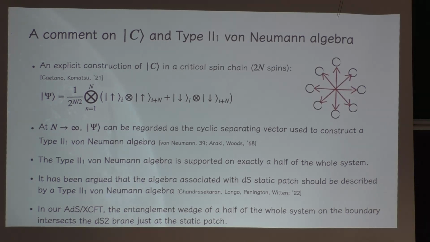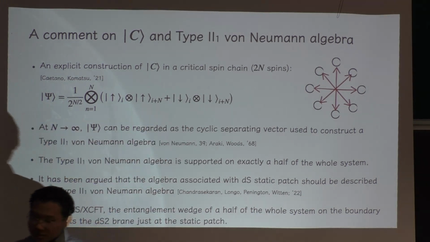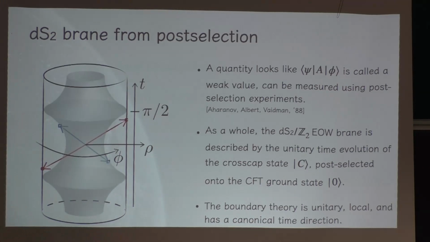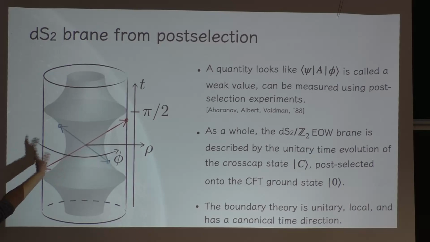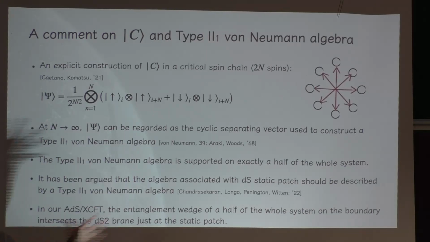And it has been argued that the type II_1 algebra is some algebra associated to the dS static patch. What turns out to be interesting is that if you focus on exactly half of the whole system and take the entanglement wedge in the bulk, then that entanglement wedge is exactly the static patch of dS_2. I'm not claiming anything by this, I'm just making it as an observation.